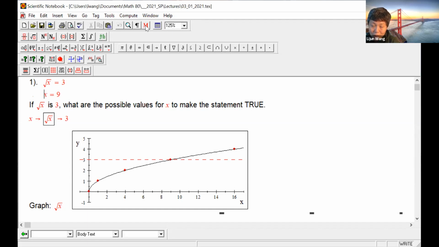Are you guys with me? When there's an if statement and it tells you that the number is outside the range, in that case, there's no solution.